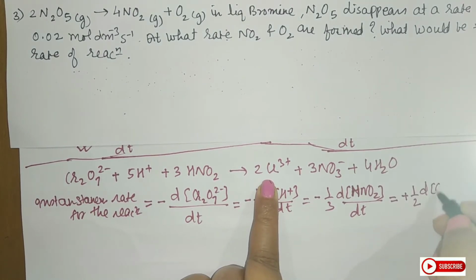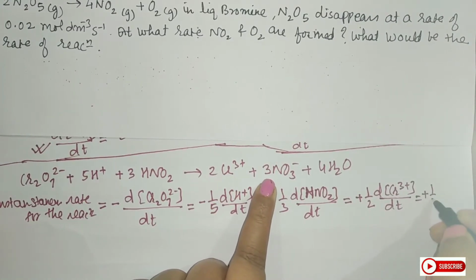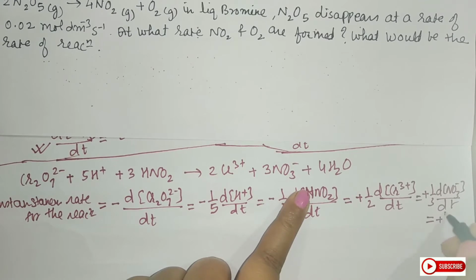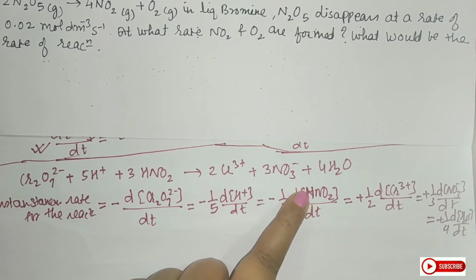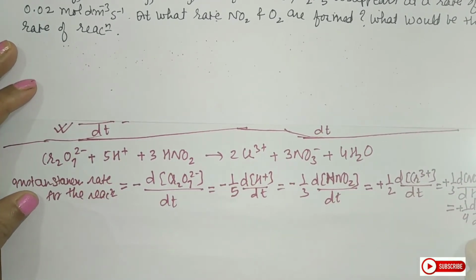So d Cr3 plus by dt is equal to 1 upon 3 d NO3 minus by dt is equal to 1 upon 4 d H2O by dt. It is a very lengthy equation. So this is how I have written the rate.